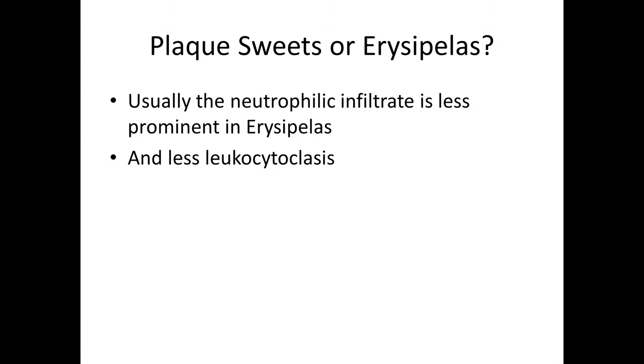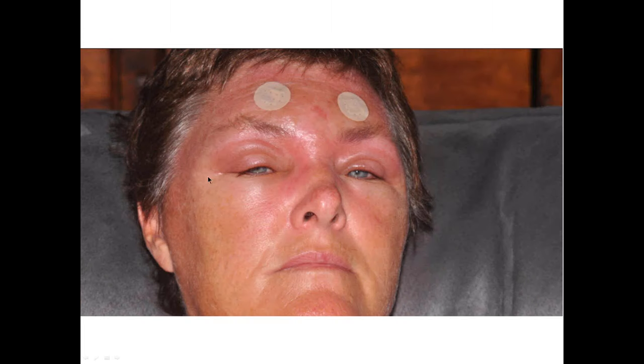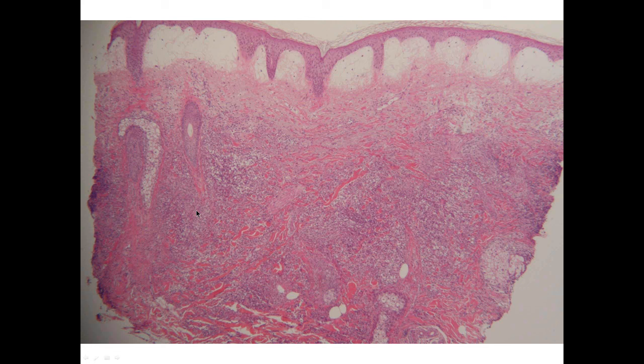And lastly, there's a situation of plaque Sweet's or erysipelas. What's the difference? In erysipelas, usually the neutrophilic infiltrate is less prominent and there's less leukocytoclasis. So there was this lady who presents. And the question is, is this erysipelas or is it Sweet's? You can see the edema that she had here, but you get edema in erysipelas, but this was her histology.